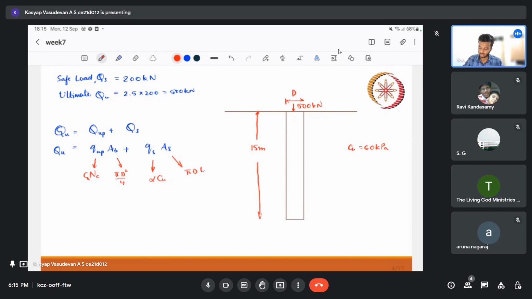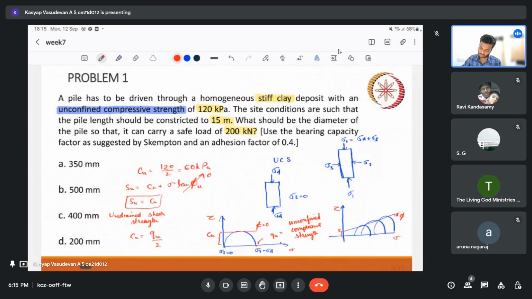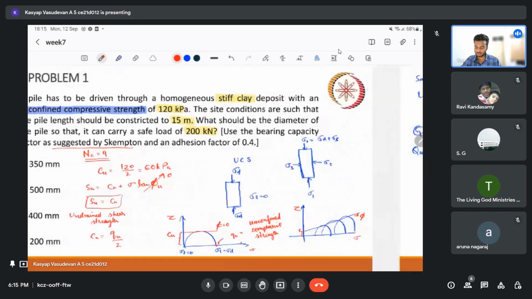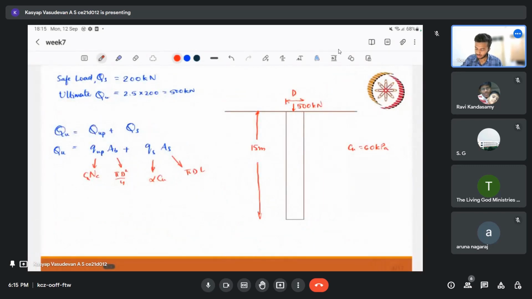Here they have mentioned that it is suggested by Skempton. There is nothing much to worry about it, because what he suggested was that Nc should be equal to 9. So that bearing capacity factor is taken as 9. So let's substitute the values.